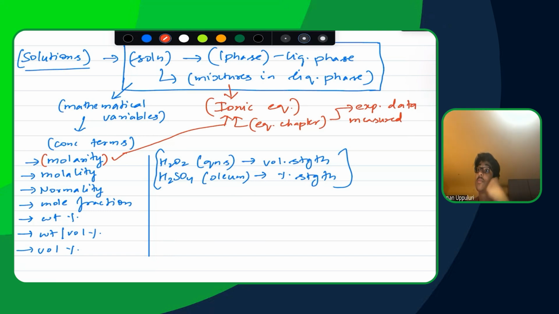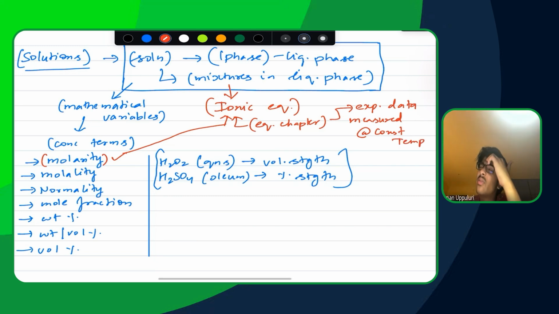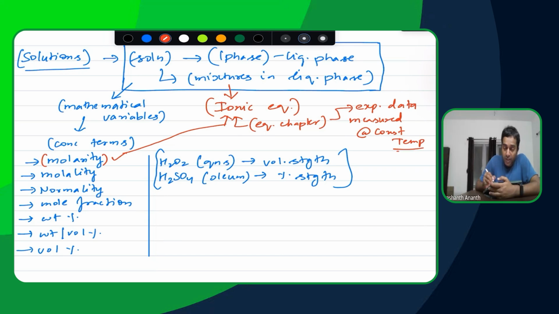Constant temperature is the real thing which I'm looking for here. Pressure is not going to be the case. Why? Because equilibrium constant is a constant at a given temperature. So at a constant temperature, you'll play around with it.